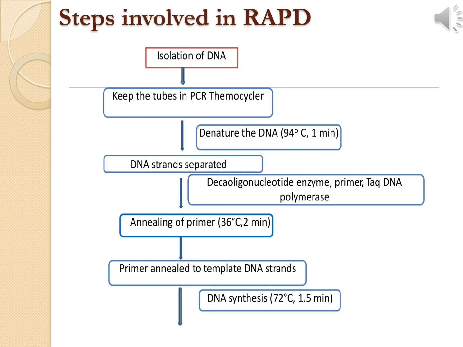The temperature will then be lowered to 36 degrees centigrade, allowing the deca oligonucleotide primer to pair with the homologous sequence present at different locations in the DNA. As the primers are very short, they often anneal to the genomic DNA at multiple sites.